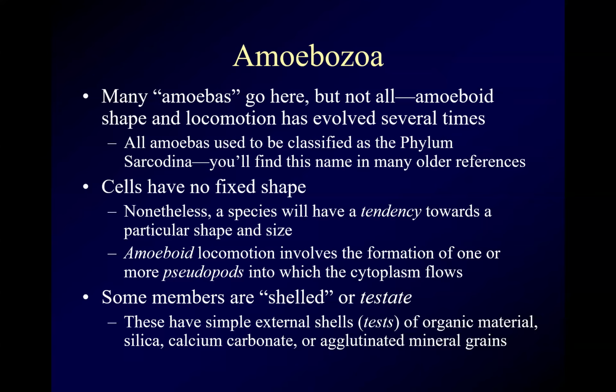These typically consist of only one chamber, and they can be made of secreted organic matter, sort of like chitin. They can be made of bits of silica. They can be made of calcium carbonate in one species, or they can be made of little mineral grains that have glumped together. That's a good word, glump.